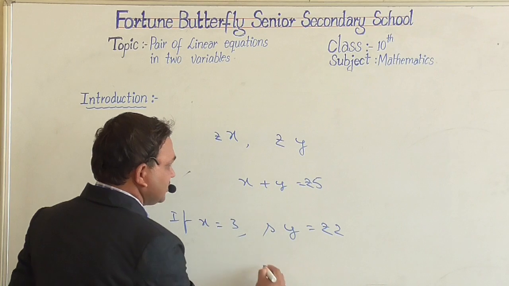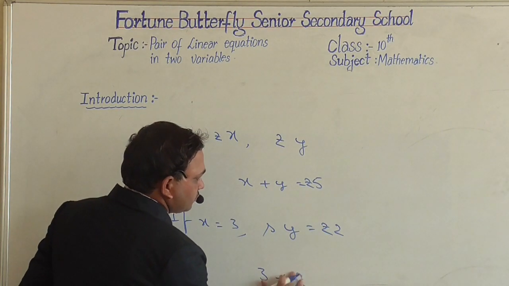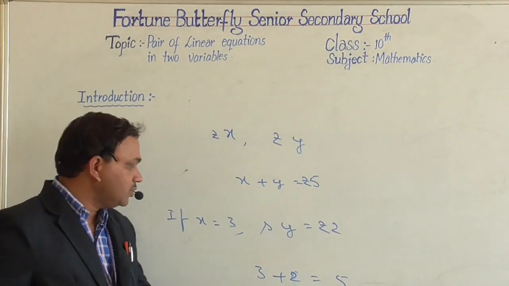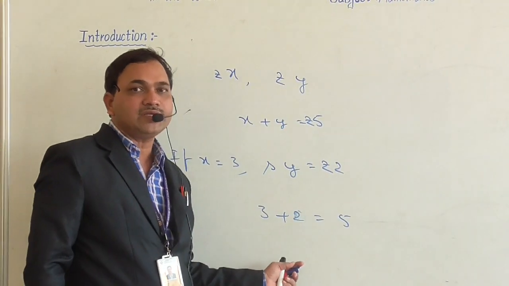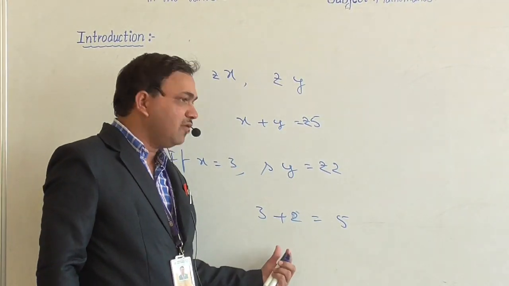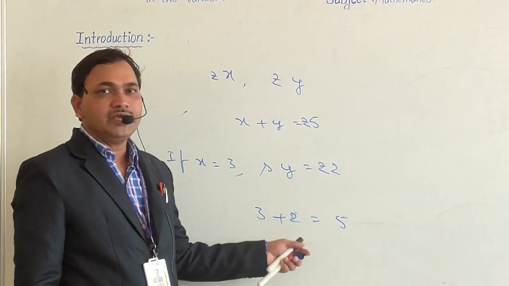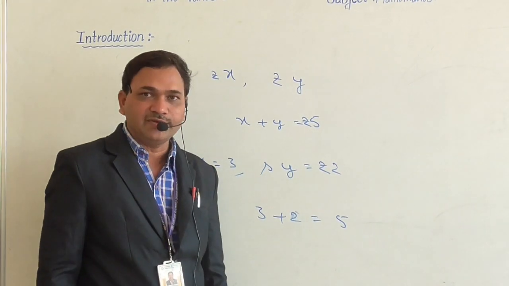Replacing x with 3 and y with 2, 3 plus 2 is equal to 5. What do you observe? The left hand side and the right hand side are both equal. When the LHS and the RHS values are equal, the given equation is satisfied.